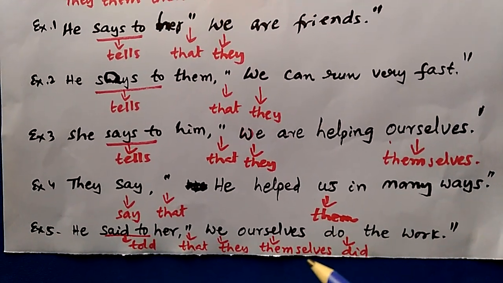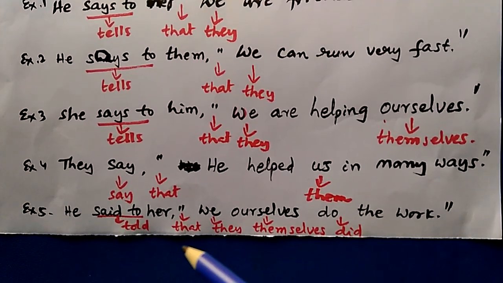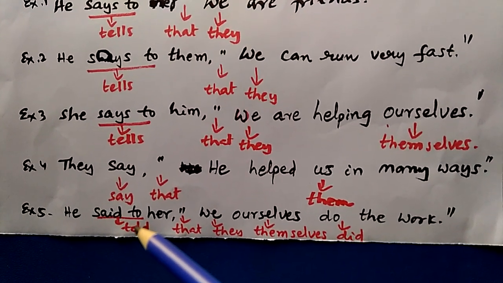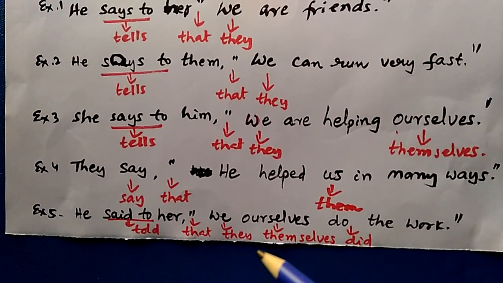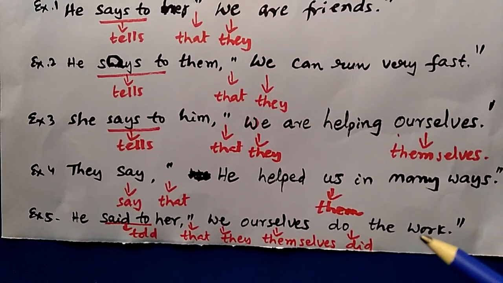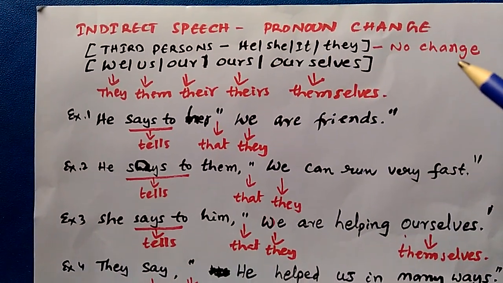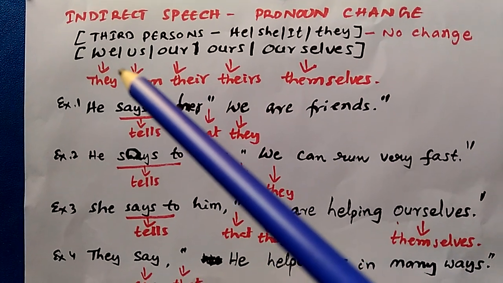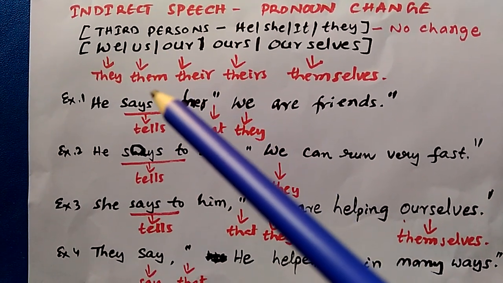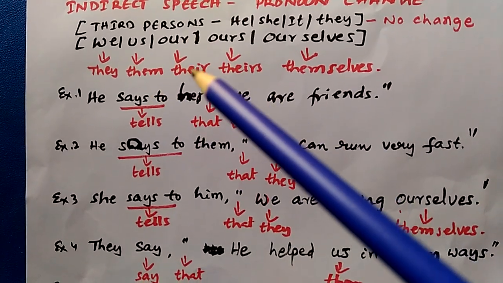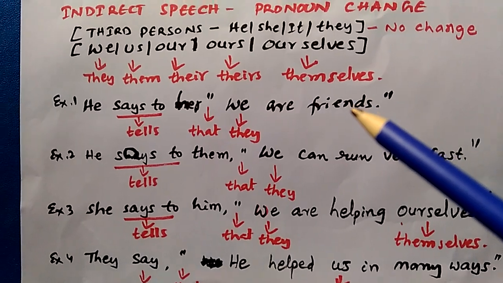And the verb do becomes did, because here the reporting verb is in past tense. So we get the answer: he told her that they themselves did the work. In this way, if we find the third persons, there should be no change. If we find the first person plural, we becomes they, us becomes them, our becomes their, ours becomes theirs, ourselves becomes themselves.